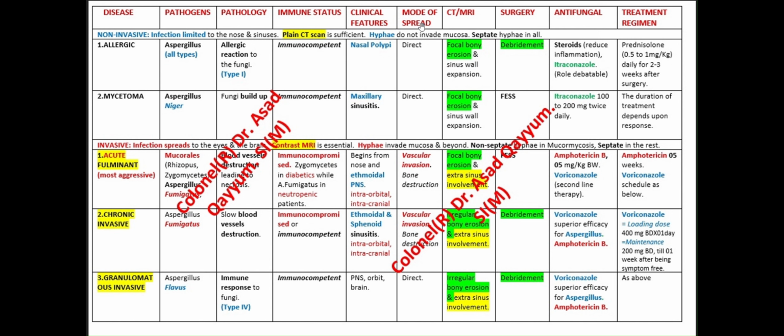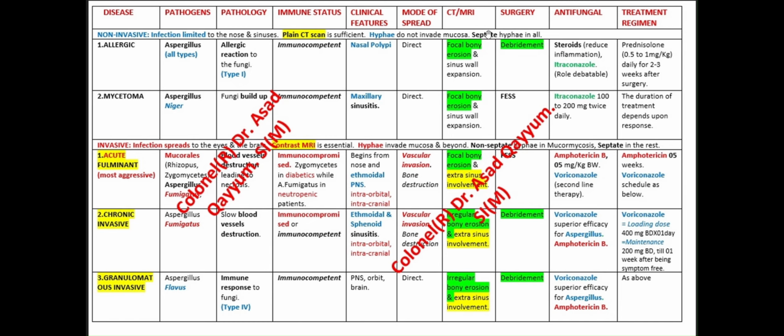The mode of spread: allergic and mycetoma, along with lastly granulomatous, these three varieties, although belonging to two different groups, spread directly. While acute fulminant and chronic invasive both invade the vessels and cause bone destruction.